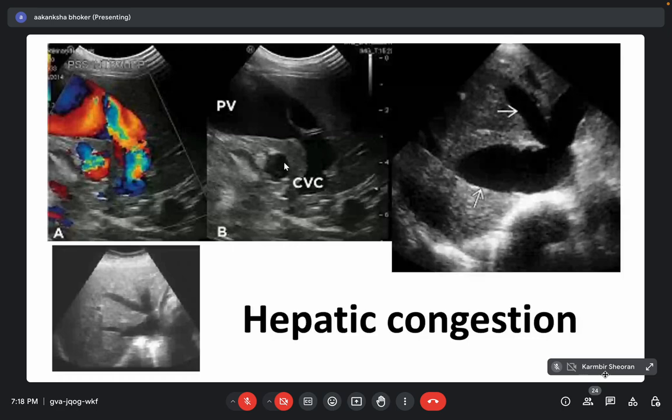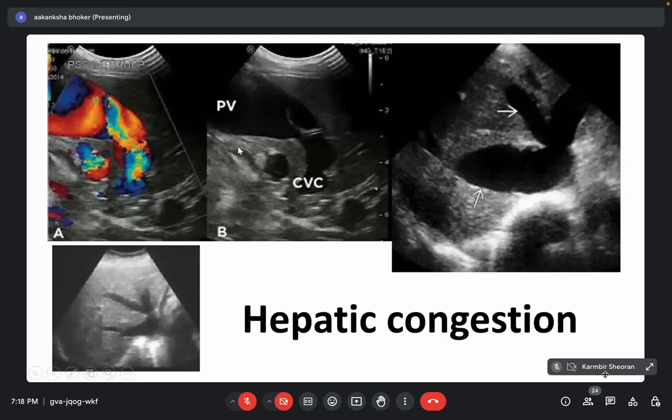Now these are the images which are showing hepatic congestion. In this, we can say this is the portal vein. It is draining into the caudal vena cava, and we can see the portal vein is highly congested. Here also, this portal vein is markedly dilated. Here also, we can see branching of the portal vein into right and left, and these are again severely dilated. By applying color Doppler, we can assess the flow also.